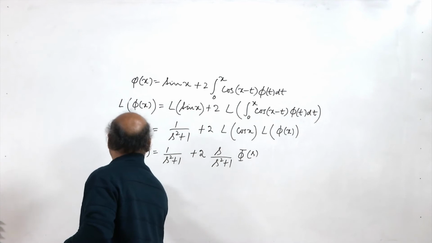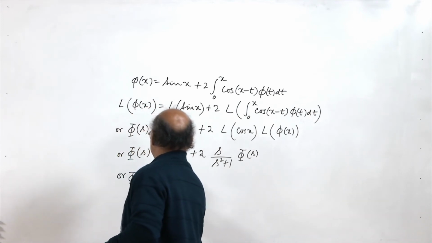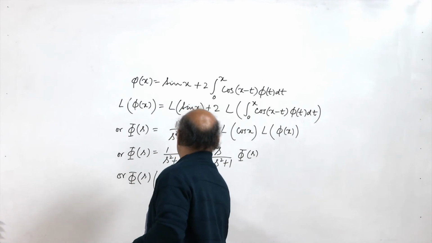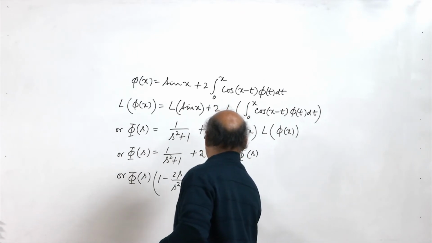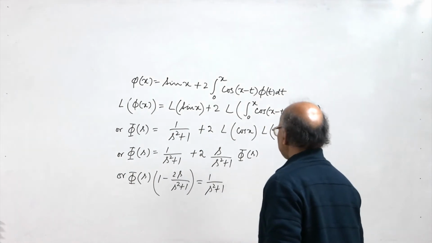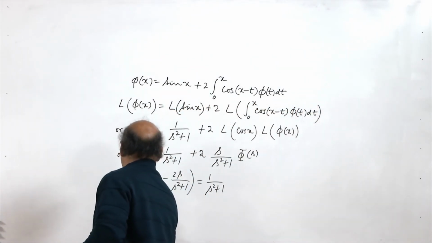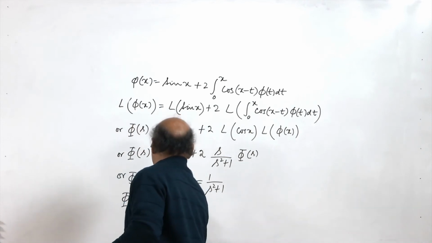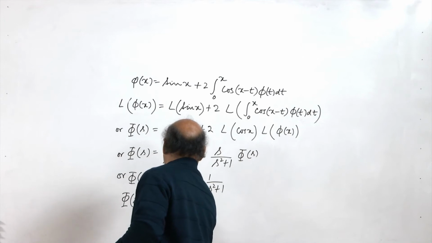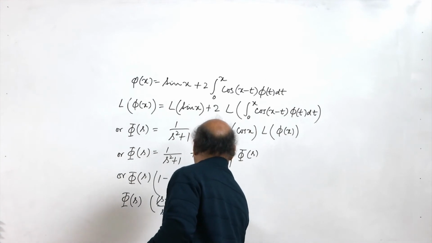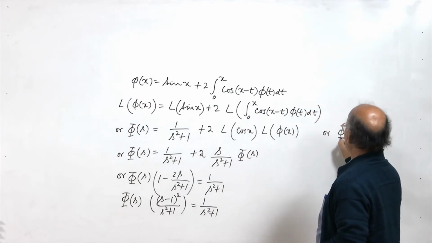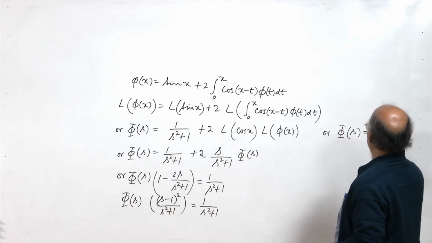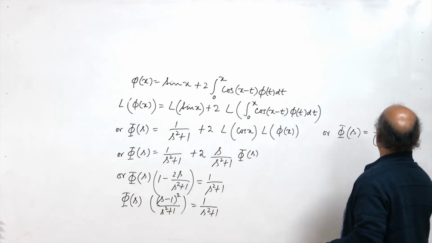Let us collect the coefficient of phi s. So phi s times (1 minus 2s over s square plus 1) equals 1 over s square plus 1, or we can say phi s times (s minus 1) whole square divided by s square plus 1 is equal to 1 over s square plus 1, or phi s equals 1 over (s minus 1) whole square.